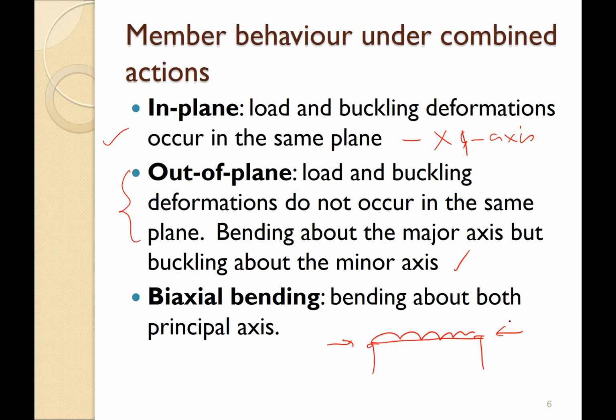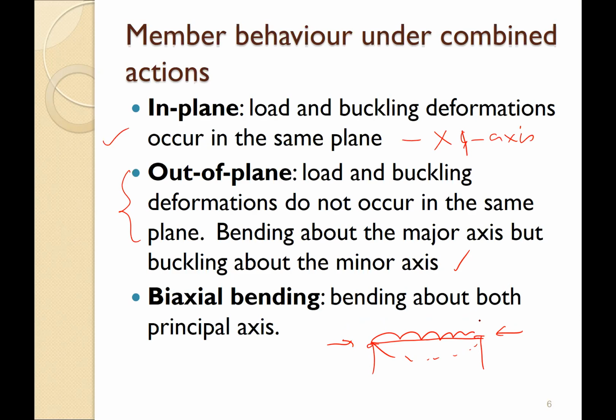Then it will bend about the major axis and it will buckle about the minor axis. That's why it is called out-of-plane buckling. So this is the scenario where bending is about the major axis, but buckling is about the minor axis.